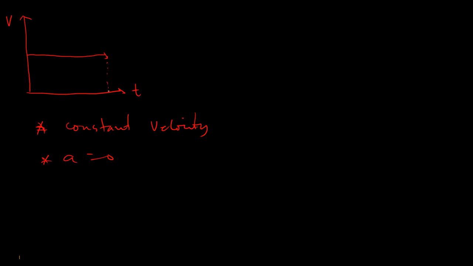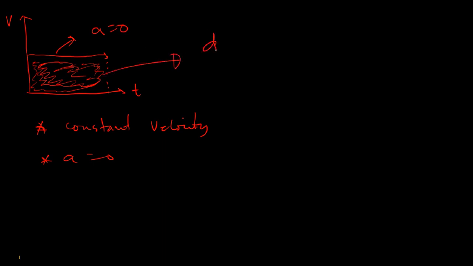So what is the area under a velocity time graph if we have this kind of graph? Obviously the slope here is acceleration, which is 0, but the area here is also associated with the displacement covered by that object.